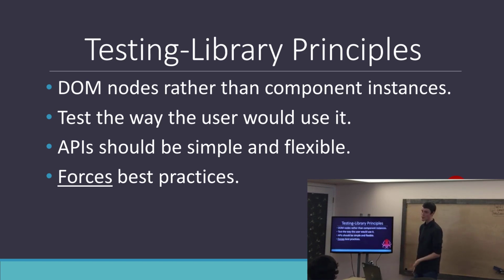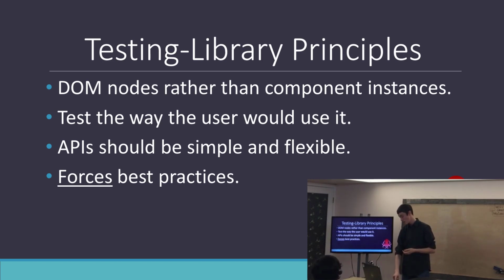We can look at some of the docs if we have time. And because it doesn't allow you to test component instances, it forces you to follow best practices, just like our linting rules that say you should use const instead of var or let, depending on the situation. It just improves our software.